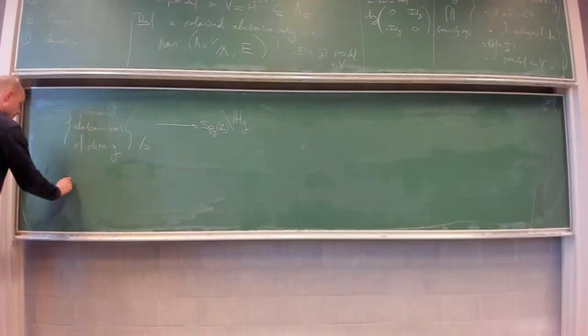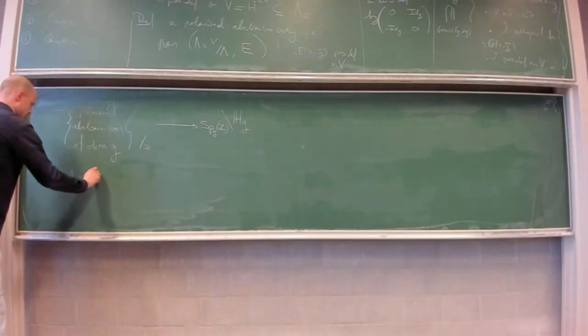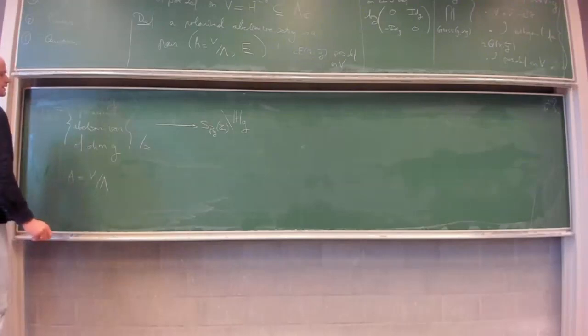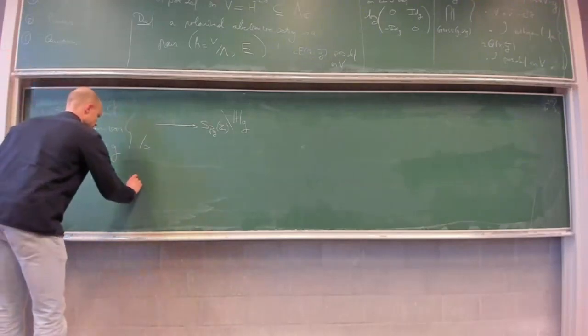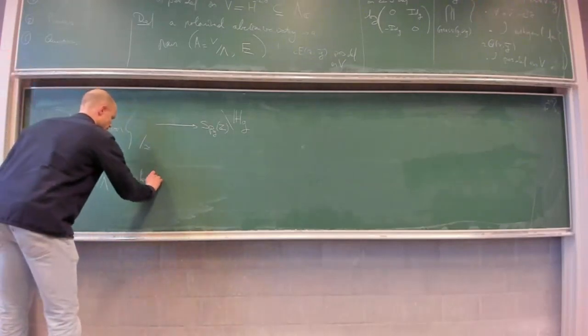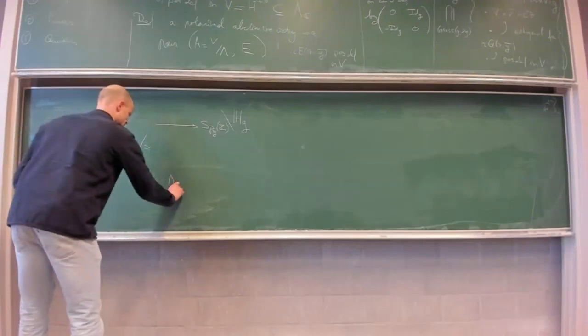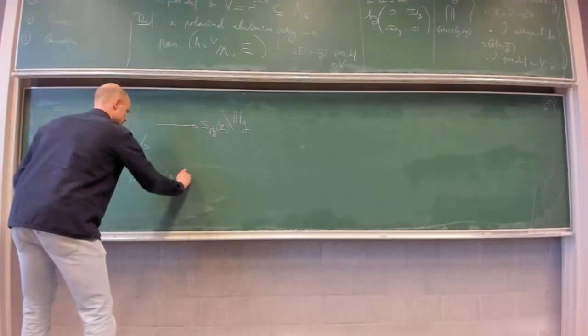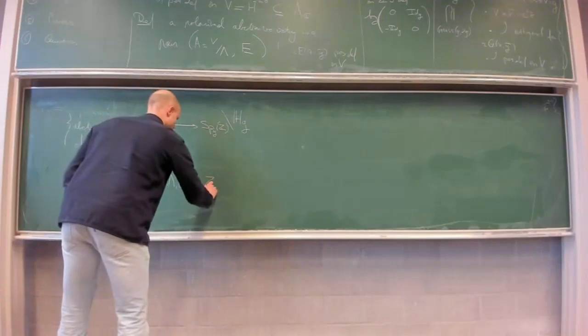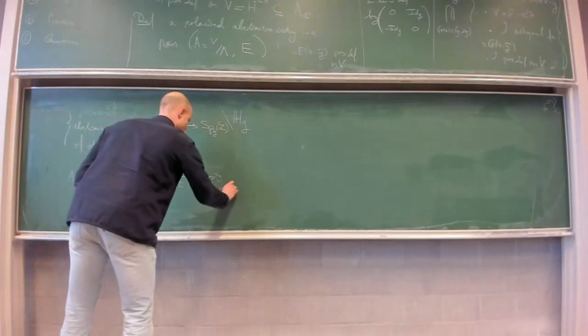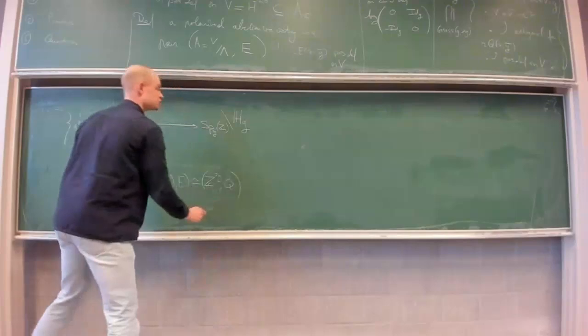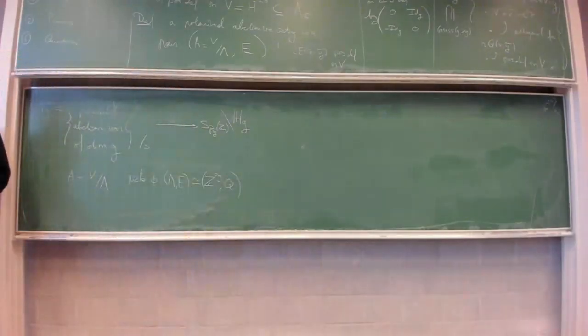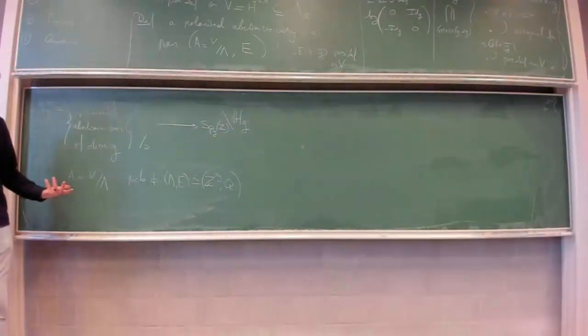So how does it work? We start with A, and then we pick an isomorphism phi between lambda with its polarization E and Z^2g with Q, which we can do as all these unimodular lattices are isomorphic.